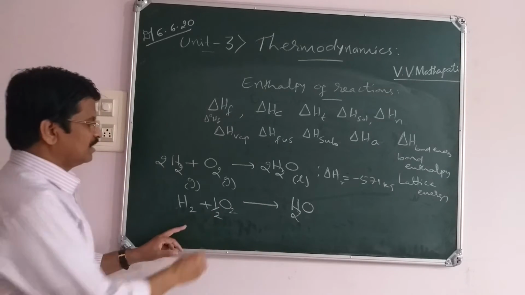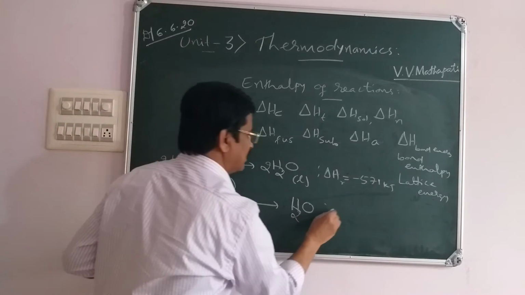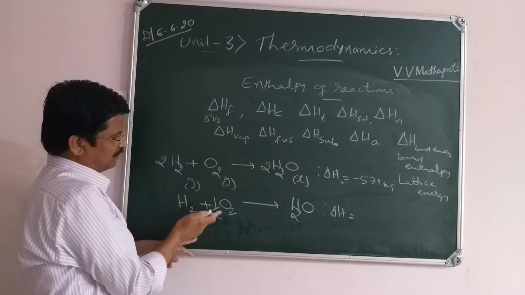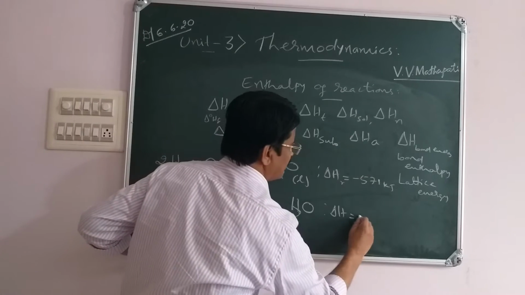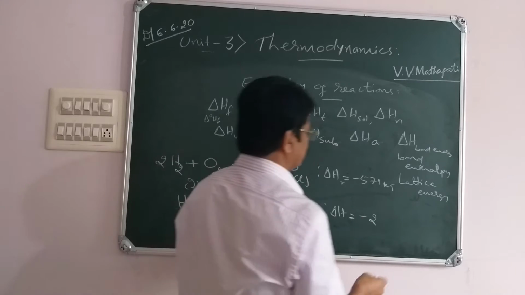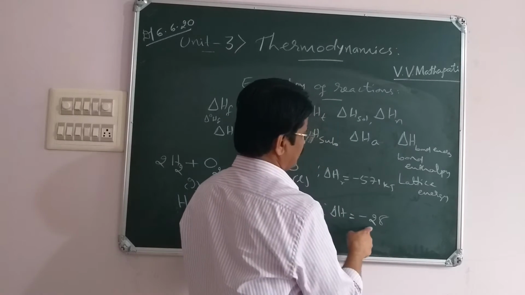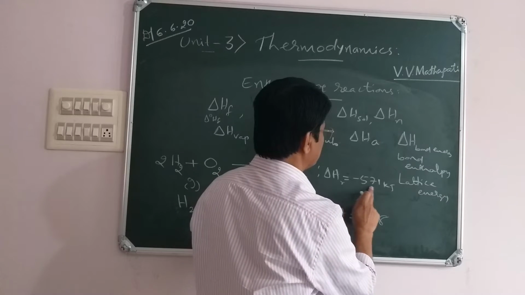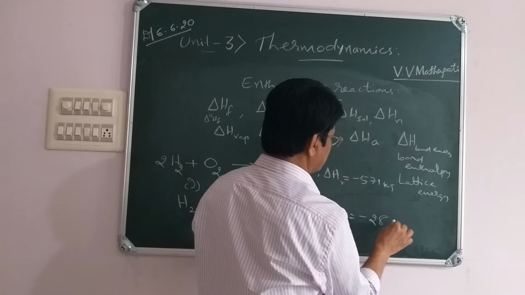But this is the equation for enthalpy of formation. Then the delta H value: see here, I have taken half, so take half of this value, minus 571 by 2. How much do we get?